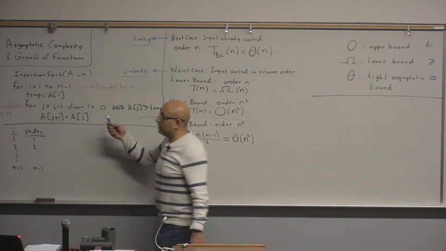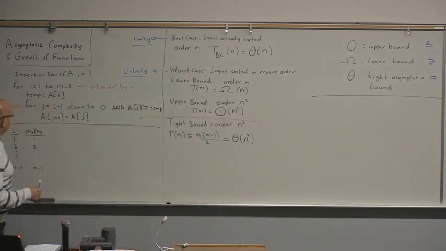In the worst case, this is in the doubly nested loop. So the number of executions of this shift is going to be greater than anything else. In fact, there is something else inside the loop that will get executed the same number of times: the comparison.